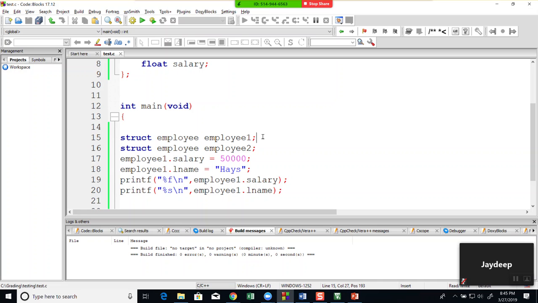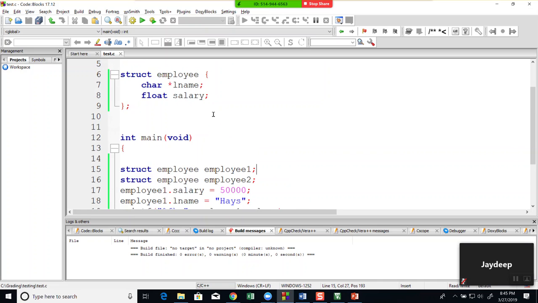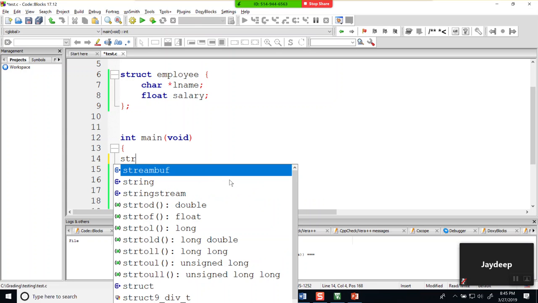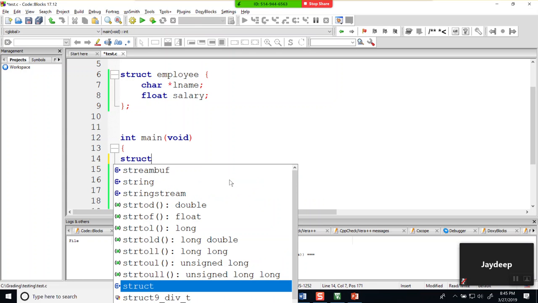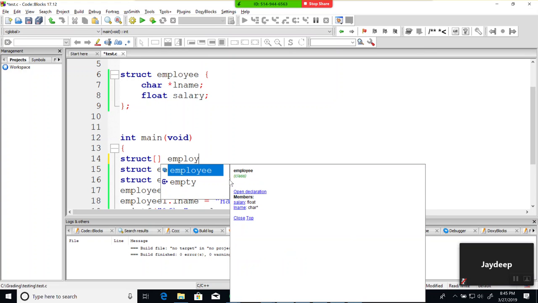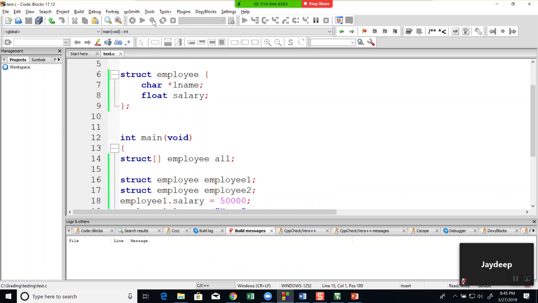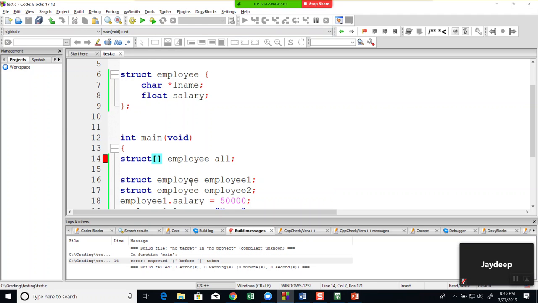Now you can do an array of structures too, and I probably couldn't get this right. But down here, let's see if I can figure out how to put it. Brackets here, maybe. There's only 3 places it could be. Obviously not there.